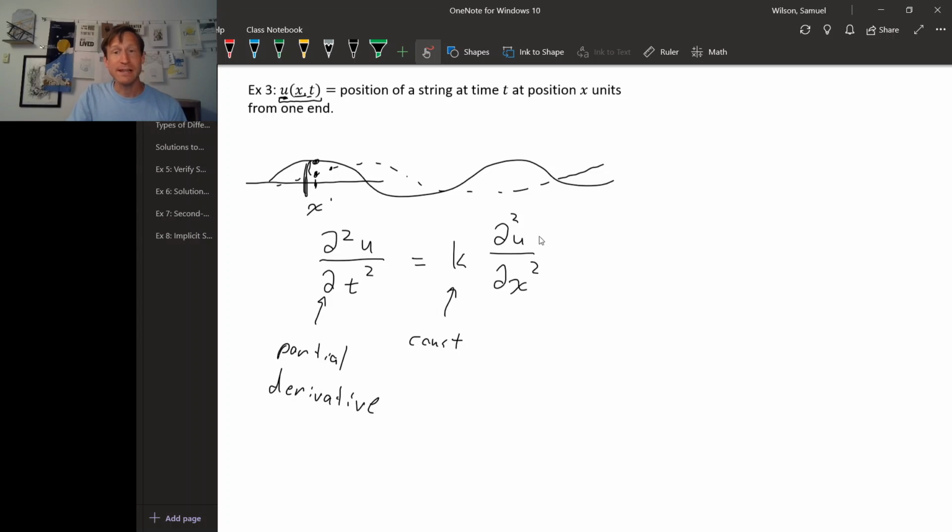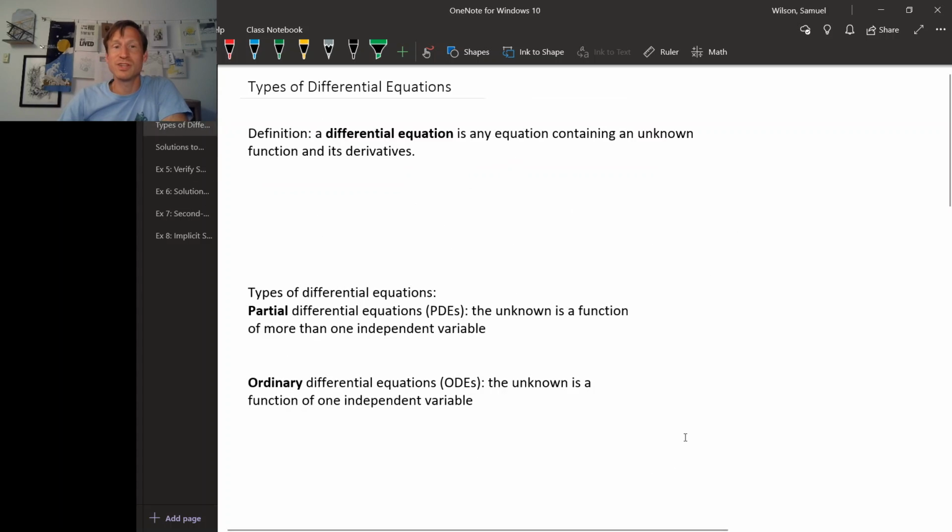But again, in this situation, we have an unknown function, u of x comma t, and its derivatives. And so that's what makes a differential equation a differential equation. There's some unknown function, and the equation relates the unknown function and its derivatives.